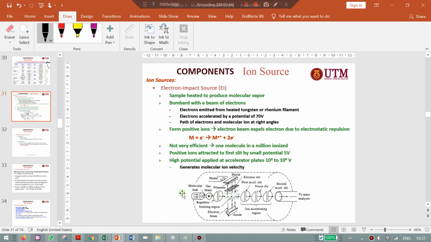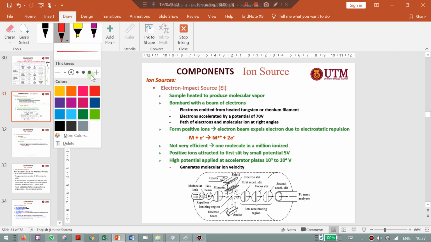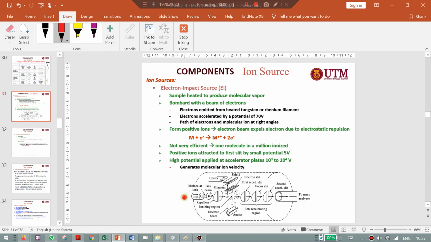Let's say you have your molecule over here. It's so small. Your molecule goes forward to here, and at here we have the electron beam that will ionize your molecule.